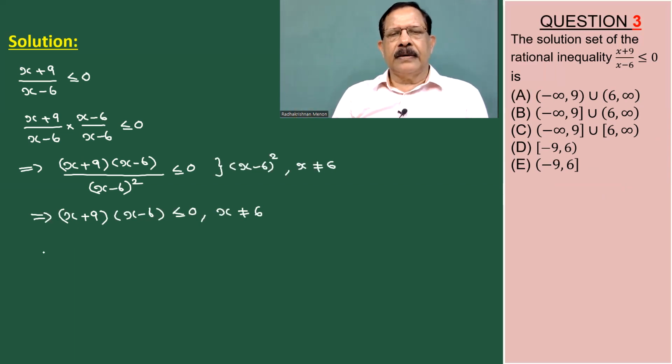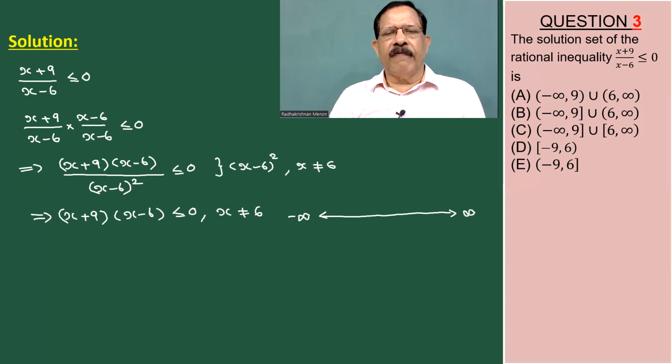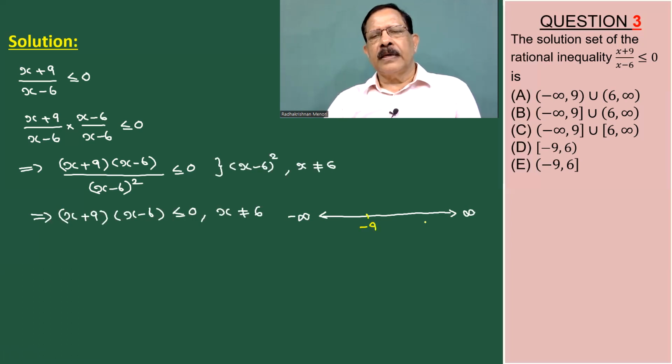Generally, there is a shortcut. I call it the Wavy theorem. I will explain how we do it. Find the values of x for which this expression is equal to 0, minus 9 and 6.